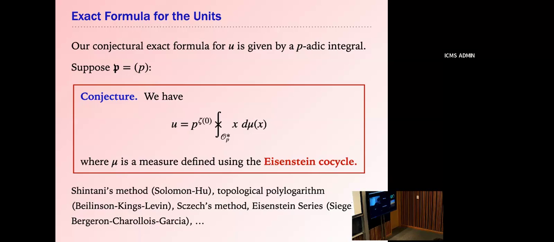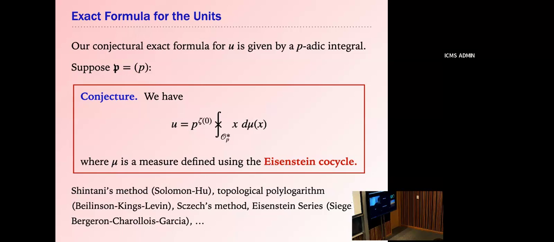And that led to a whole new line of research. Solomon had some joint work with Hu, and that also led to some of my work with Pierre Charlois and Matthew Greenberg, and also my work with Michael Spiess.